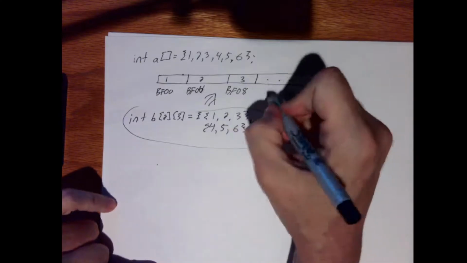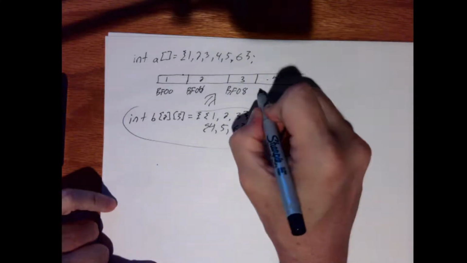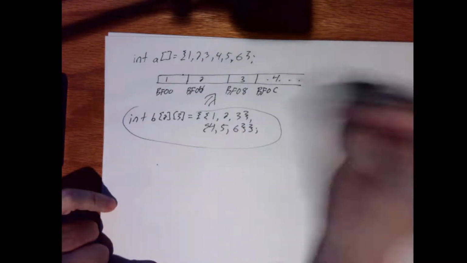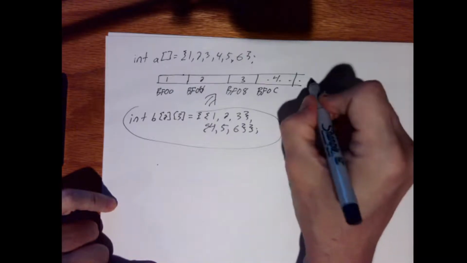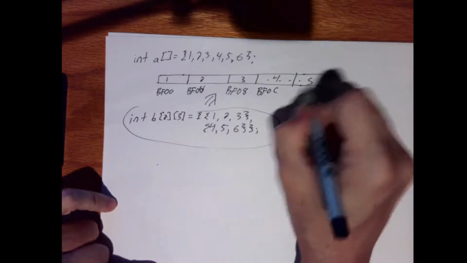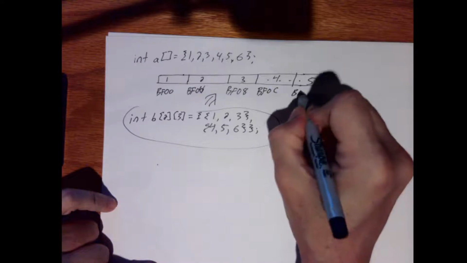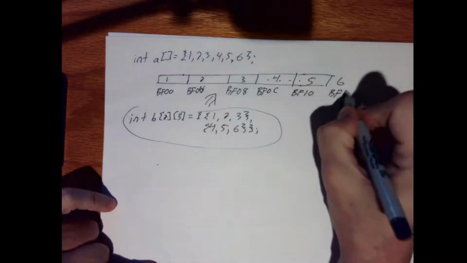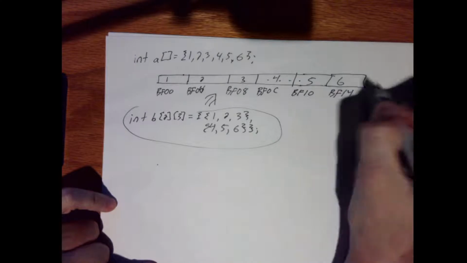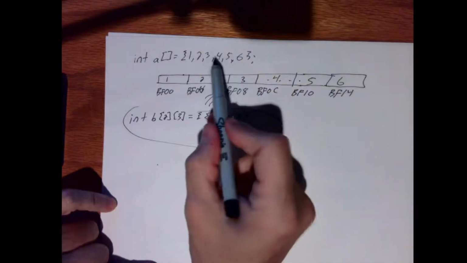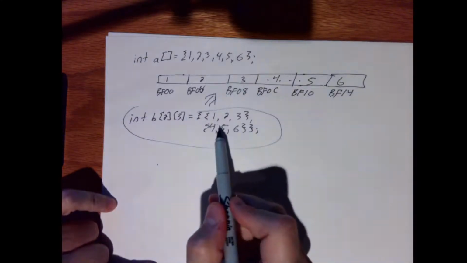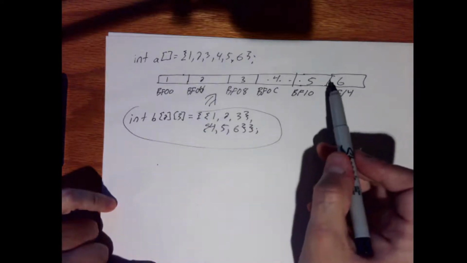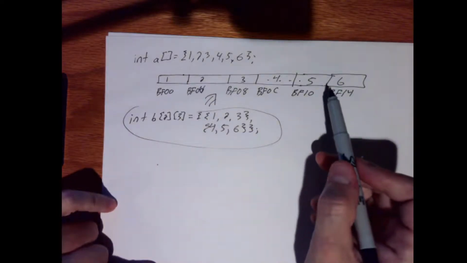So that means 4 is right here at BF0C. And 5 is BF10, and 6 is BF14, if we're going to be complete. Whether I do this or do this, this is the layout. Okay?